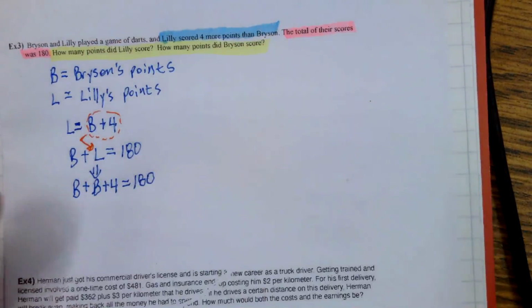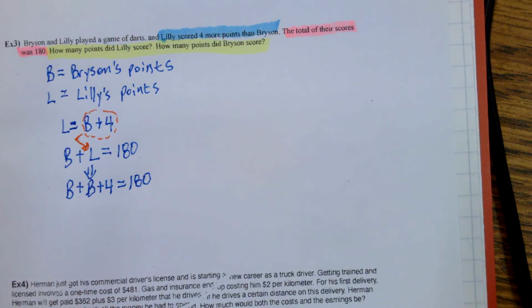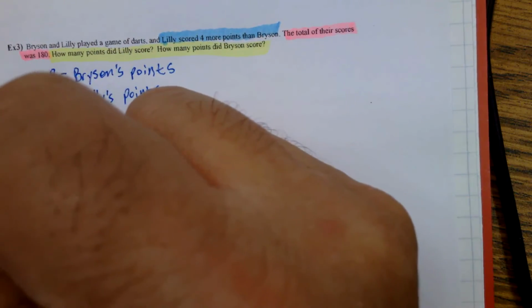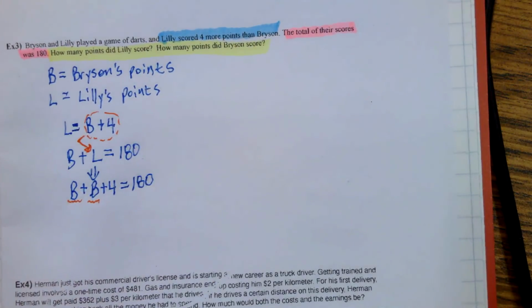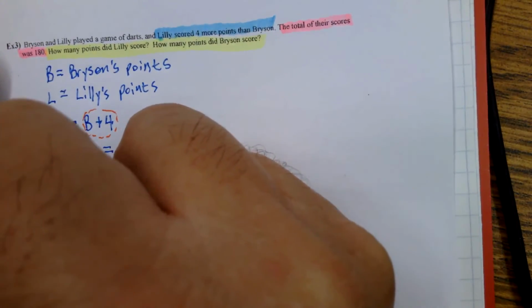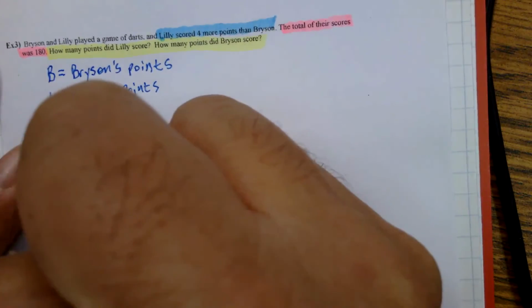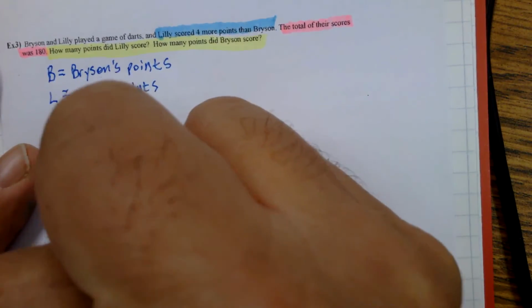We're going to say B plus, no longer L, but B plus 4, equals 180. Okay. And let's combine the like terms, which are B plus B. So if you add B and B, you get 2B plus 4 equals 180.